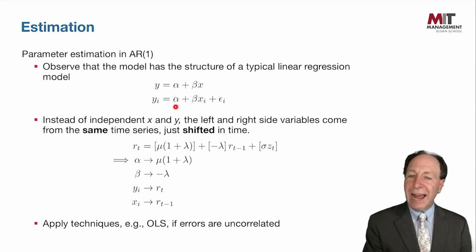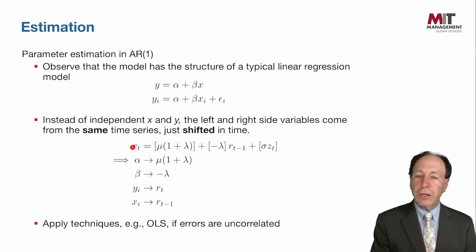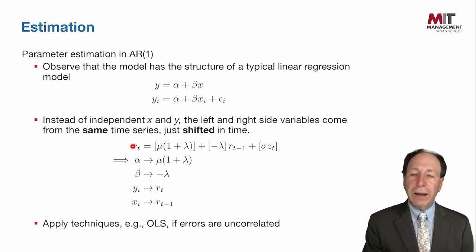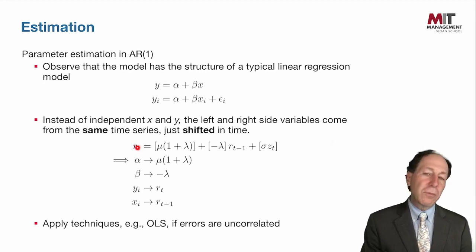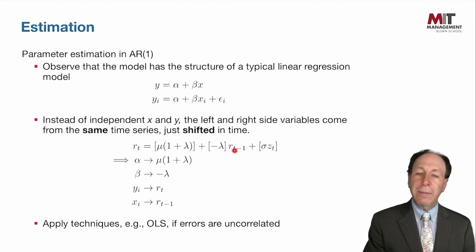We can get exactly that same structure from our AR1 model just by doing a little algebra and shifting terms around. If I move the r and I move the mu to the right-hand side, I can write this as r_t is a constant plus something times r_{t-1} plus an error term.